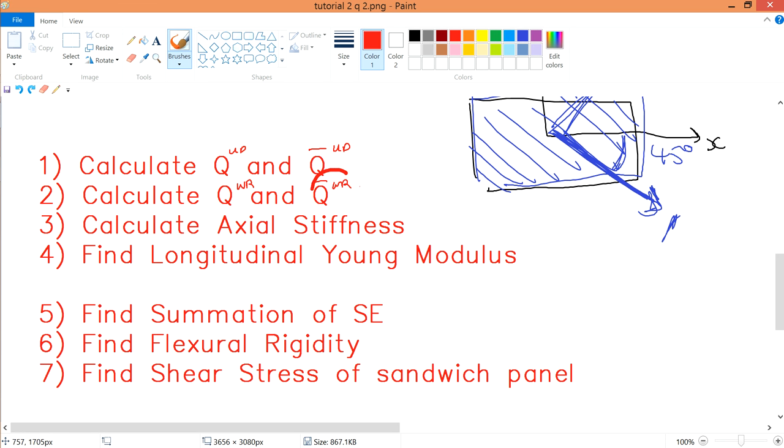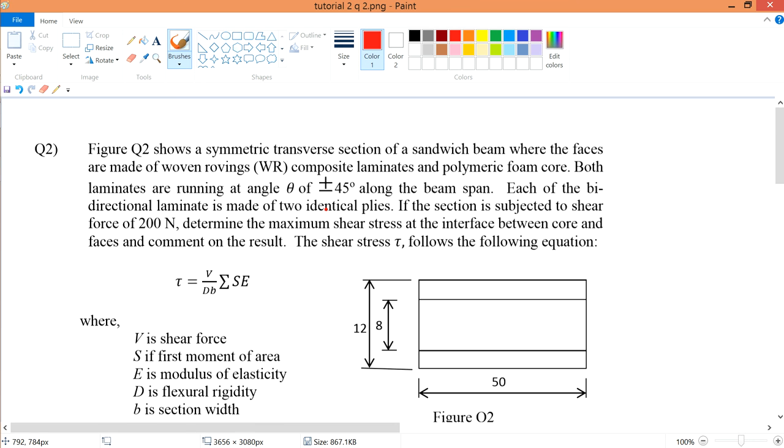With this understanding, we know that we want to find a Q bar woven roving. The purpose is because we are looking at the woven roving composite laminate as the face of your sandwich panel. The faces are all highlighted while the in between is the core.